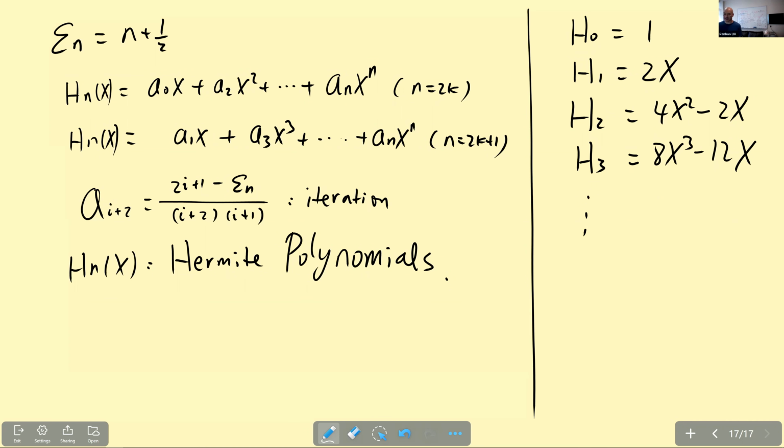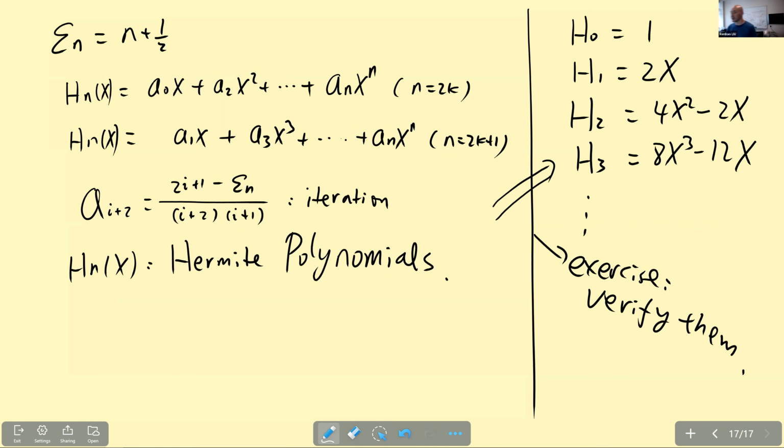You can check a mathematical book, or you can just look at the lecture notes. You can also verify as an exercise that they indeed satisfy this kind of equations.